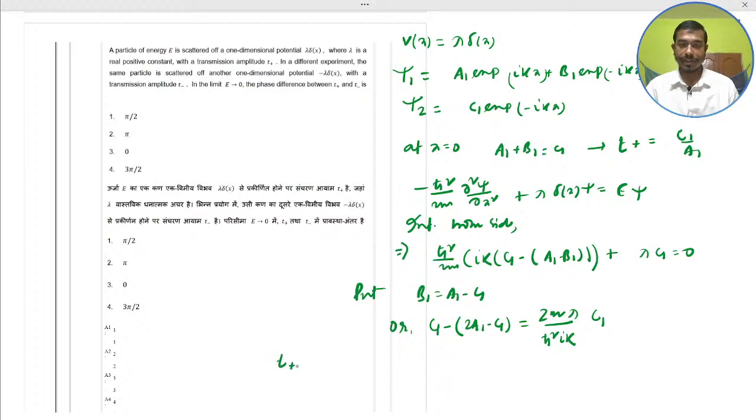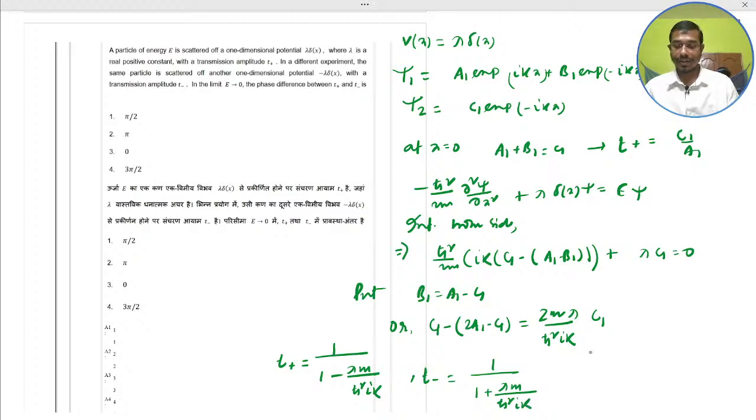so you would get T positive, that would be 1 by 1 minus lambda m divided by h cross square ik, I hint you, and T negative would be 1 by 1 plus lambda m divided by h cross square ik, and the ratio at k tends to 0, T positive by T negative would be minus 1.